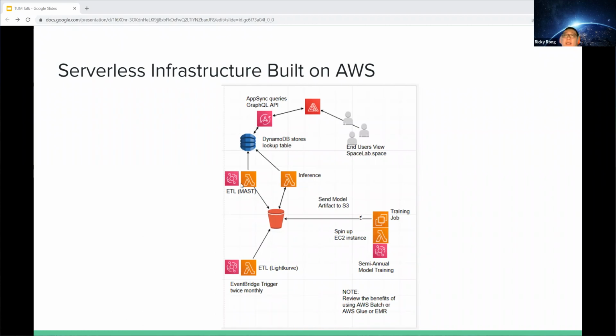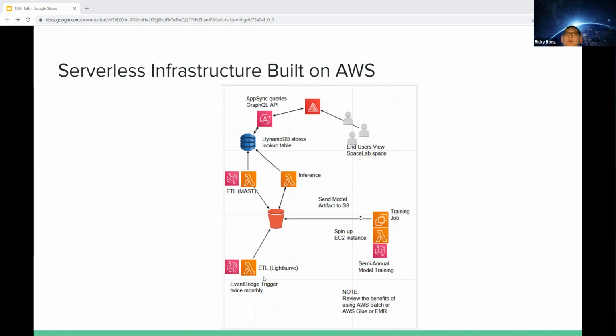Because it's serverless, this is all run with AWS Lambdas. The parts that are very heavily run right now are the ETL job that's doing a lot of the Lightcurve processing, fetching catalogs from TESS and Kepler for any new data coming in, fetching new data from MAST, and then cleaning that new data from MAST. That is all called manually right now through Lambda.